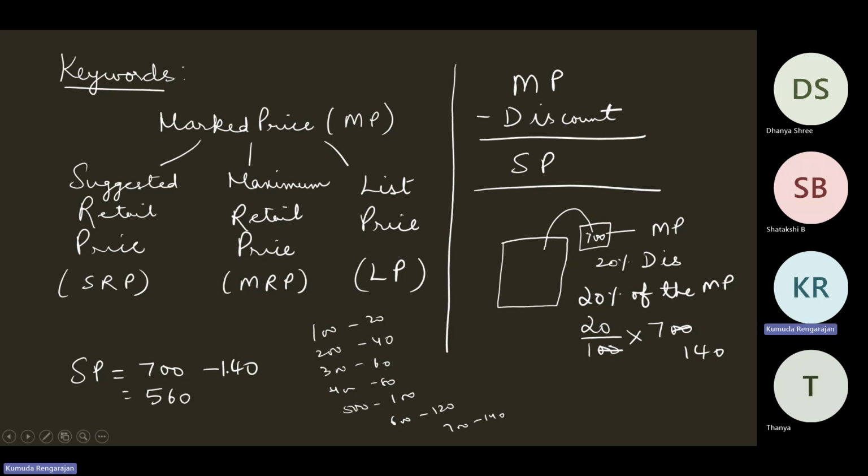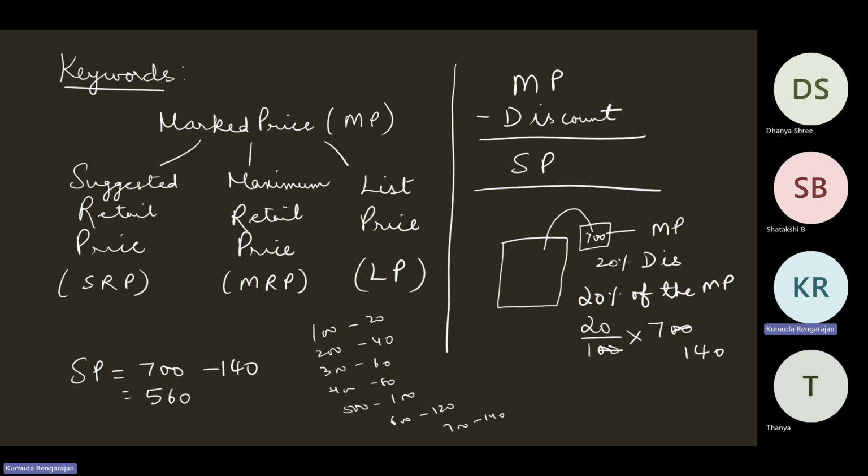So the price on the tag is the marked price, which was 700. The dealer is giving you a discount of 20%. The discount percentage is calculated on the marked price. So 20% of 700 is 140. You should not add 140 to the marked price because 140 is a discount. It's a rebate.